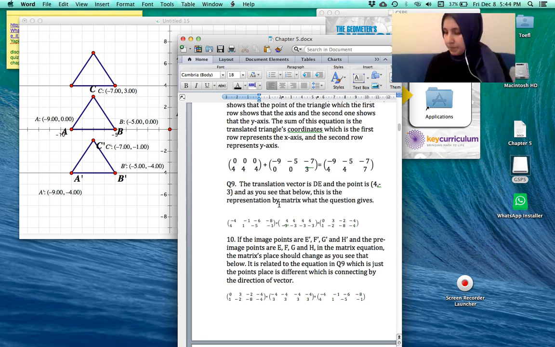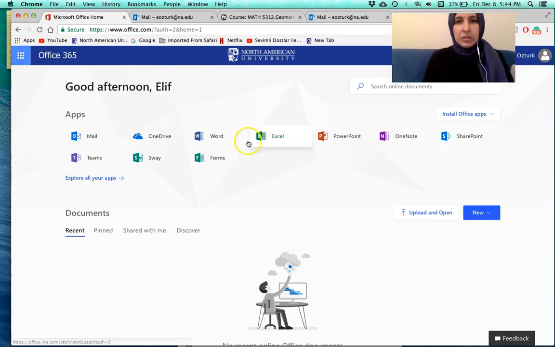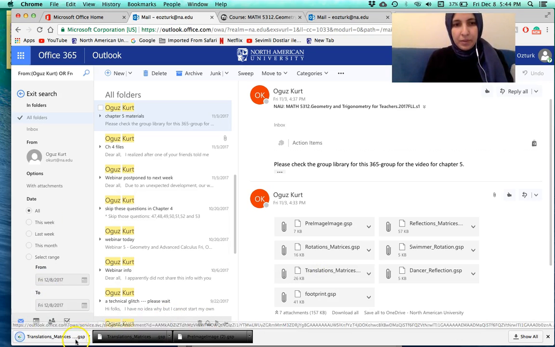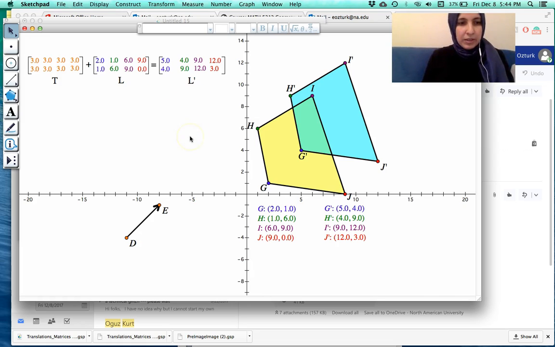Question 17. Describe other questions you could pose to high school students using the sketch translation matrices. Let's find this special translation matrices. Here it is.